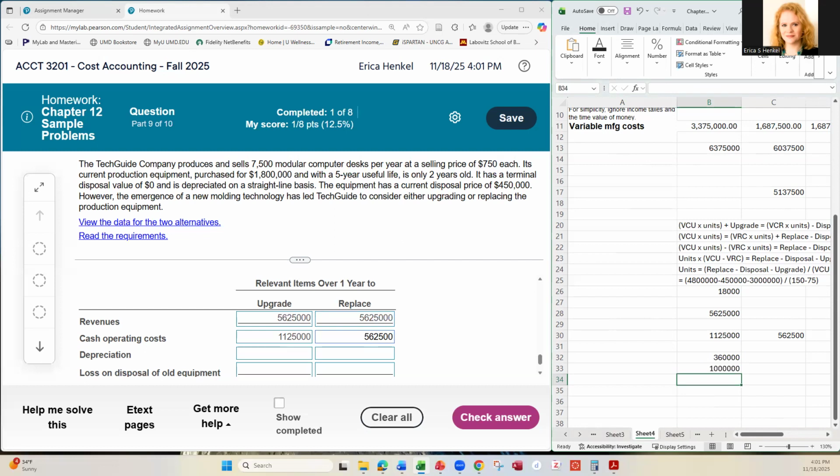So 1 million for the upgrade, and this is for the original machine. I'm taking straight line of 3 years for the upgraded portion of 3 million, and the original 1.8 million divided by 5. Adding those together gets us 1.36 million.